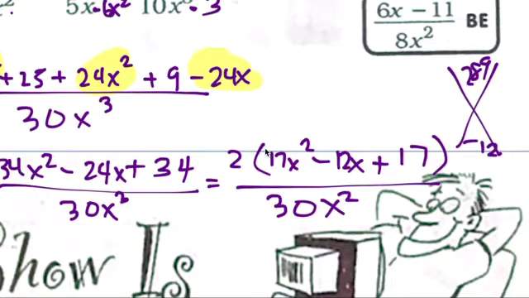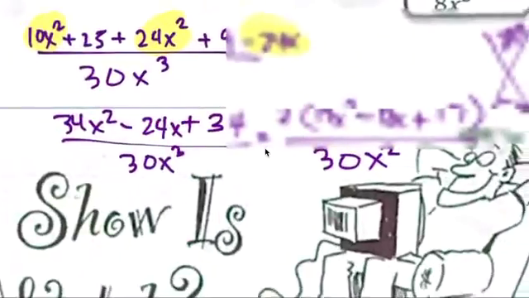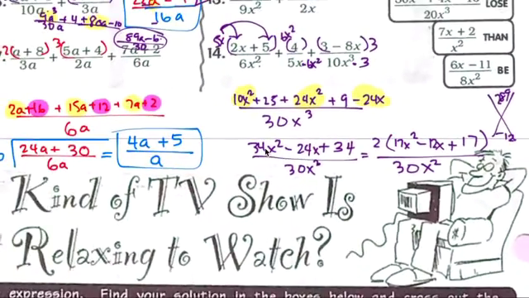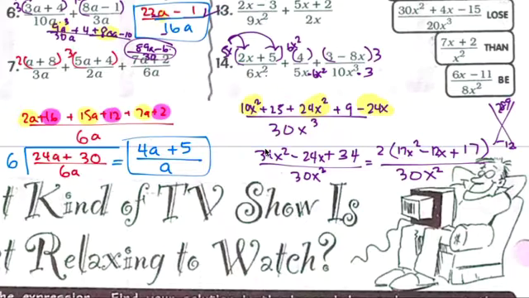No. 5, 6. 2 and 3 doesn't go in, so 6 definitely. 7. 289 divided by 7. No. 8. No. Okay, so it looks like this answer, 15x squared.